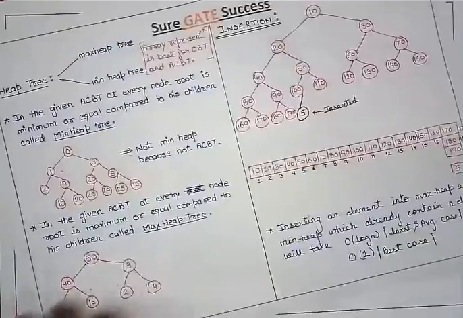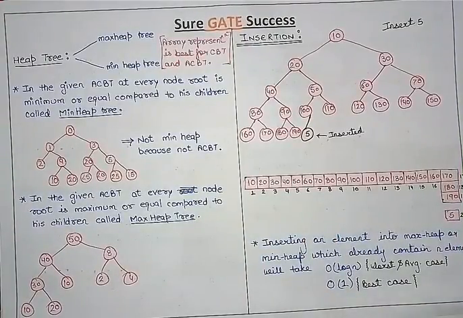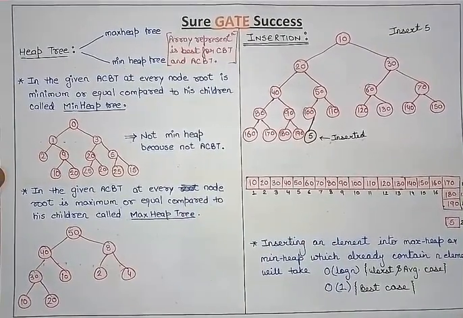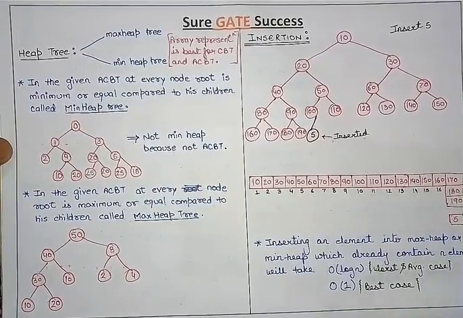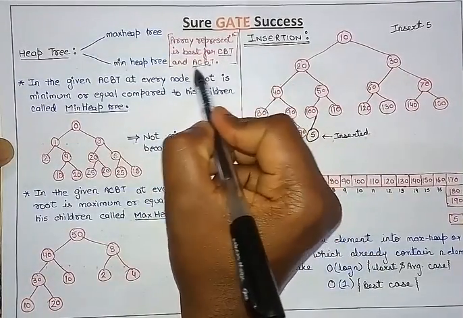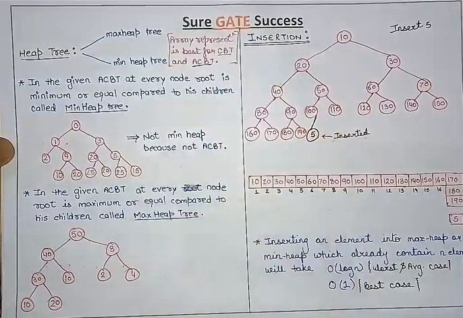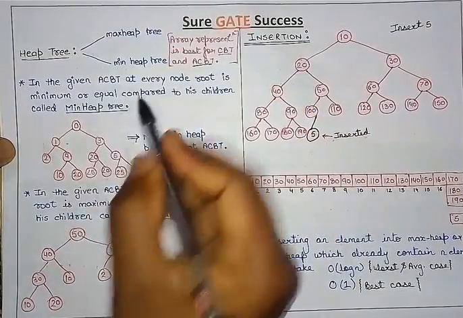So after having the knowledge of basic trees, let's move on to the heap tree. What exactly is a heap tree? A heap tree is of two types, max heap tree or min heap tree. As I have told you, array representation is best for a complete binary tree or almost complete binary tree, and it is the same thing here. So let's understand the min heap tree.